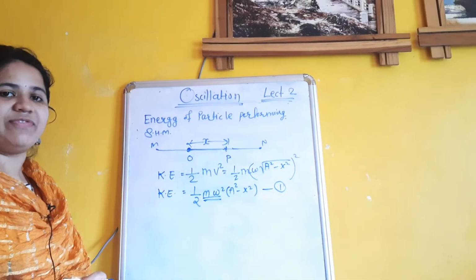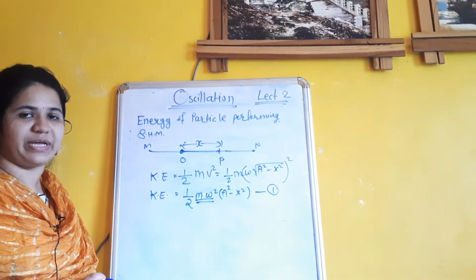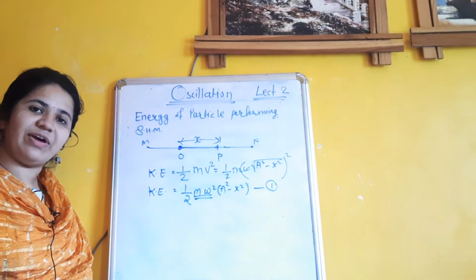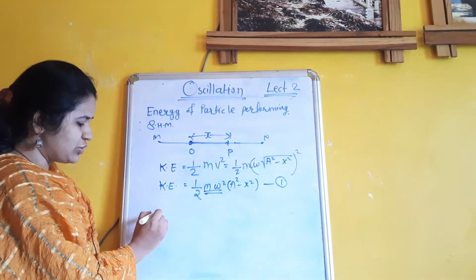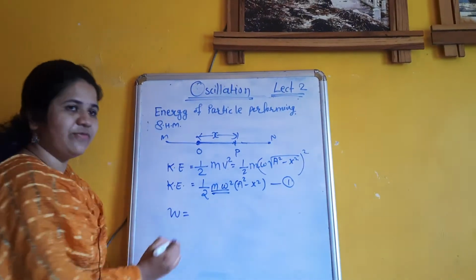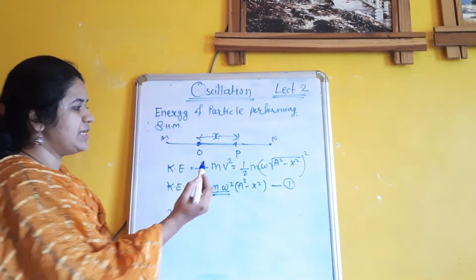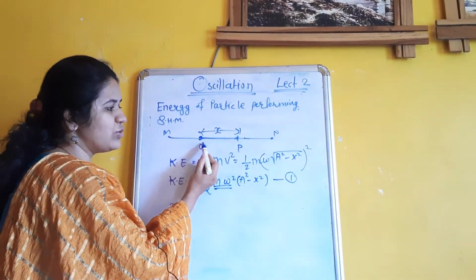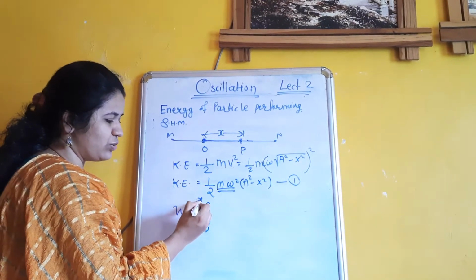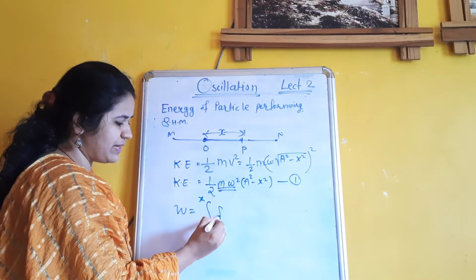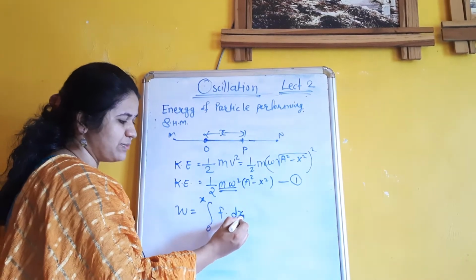Now we will find the equation of potential energy. To find the potential energy, we will use the formula of work done. Work done is nothing but force into displacement. Here the displacement travels from 0 to x, so we take the integration from 0 to x of force into displacement.